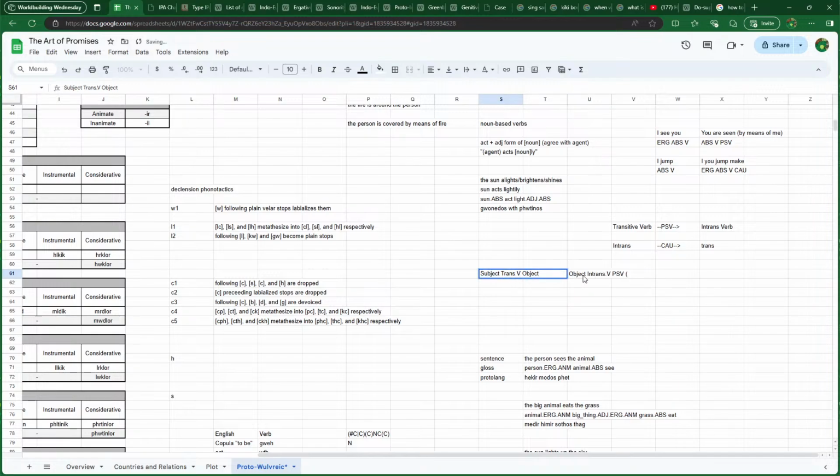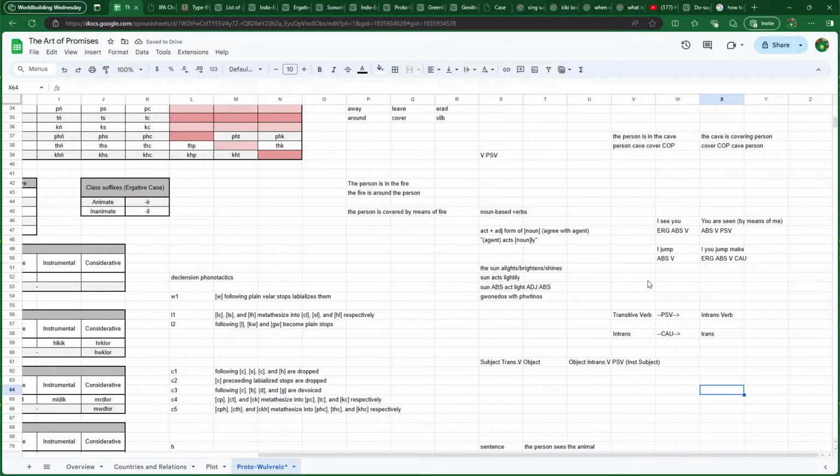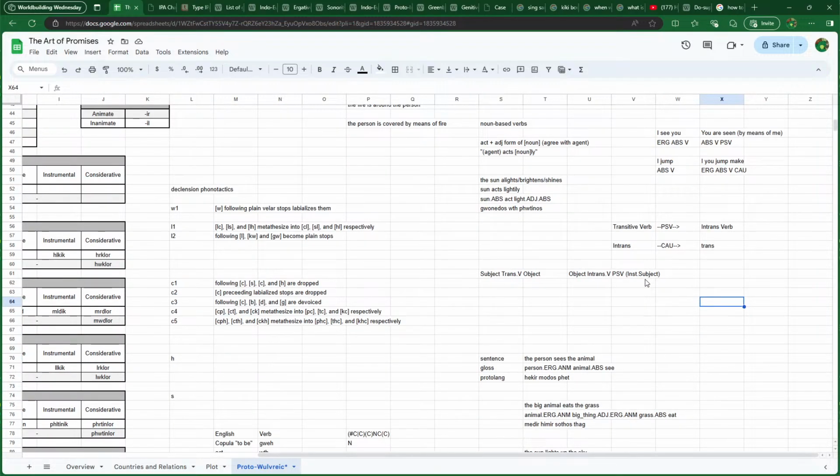Oh wait, yeah, I see you, to you are seen. And then we can add on another object through the instrumental case. So, instrumental subject. Yeah. So, okay.